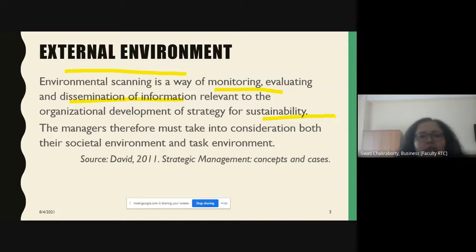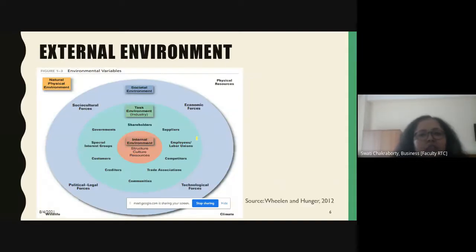The managers have to take into account both the societal as well as the task environment. When you look into the entire business environment, this is the internal environment, and outside that is the external environment, where you have the societal environment and the task environment.